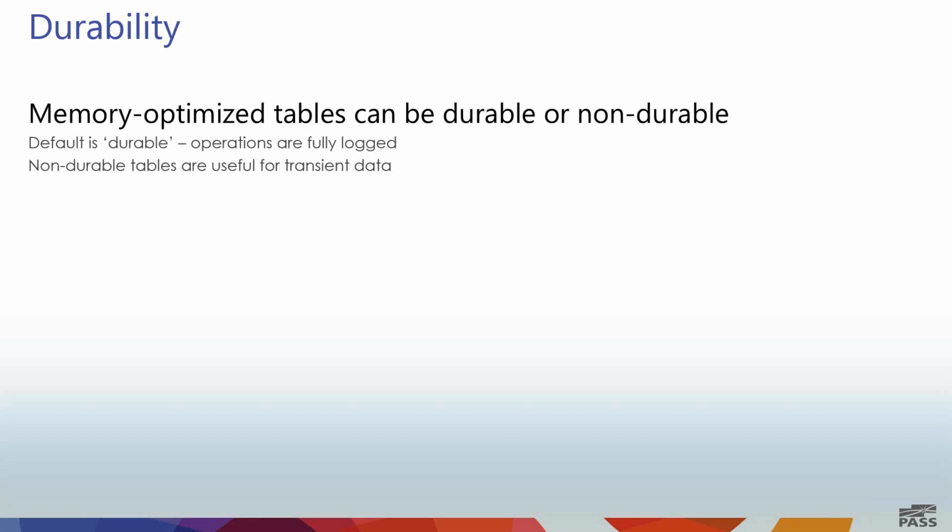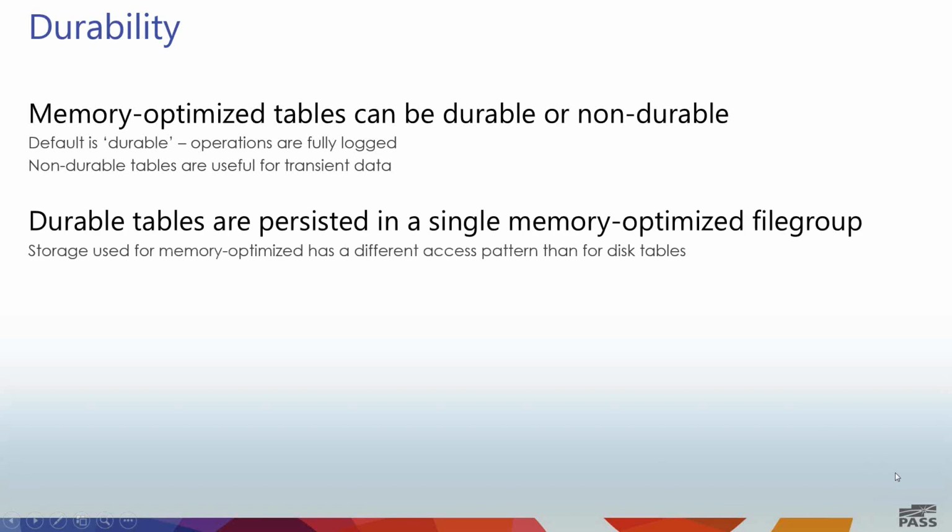Because we don't like data loss, the default, if you don't specify anything, is that your table is going to be durable. So we have the full durability guarantees: if your transaction commits and the server crashes immediately after, when the server comes back up, all the modifications by that transaction are persisted in the database and will be visible immediately after recovery of the database finishes.